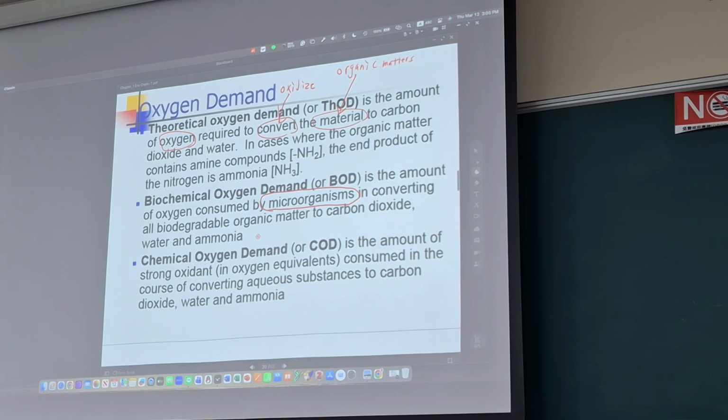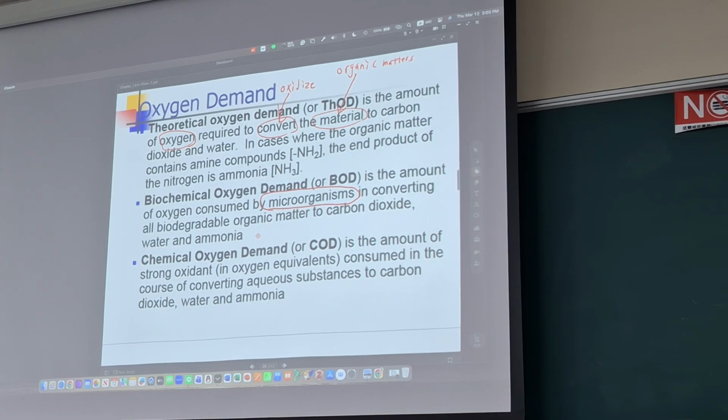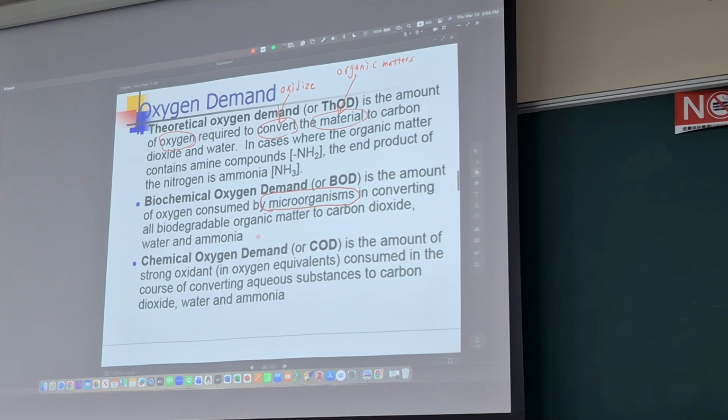I don't know if we can do this week, probably next week, I'm going to have a very quick review, if you don't have some biology background, it's fine, to give you some biology backgrounds we are going to use in my methodology. So consumed by microorganisms while decomposing those biodegradable organic matters.